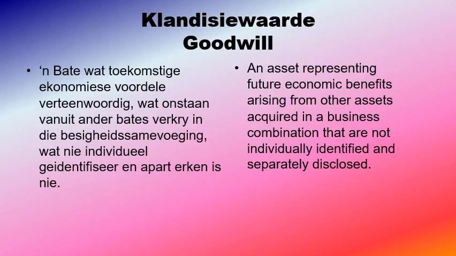The final step is then the recognition of your goodwill. Now you'll see I've listed the definition of goodwill here for you, but it might make more sense to you if I rather just try and explain it to you. So after you've purchased the assets and liabilities of this company, because you purchased the company, you bring in the assets and the liabilities. So that's called the net asset value. So your net asset value is the difference between your assets and your liabilities. So assets less liabilities is your net asset value.